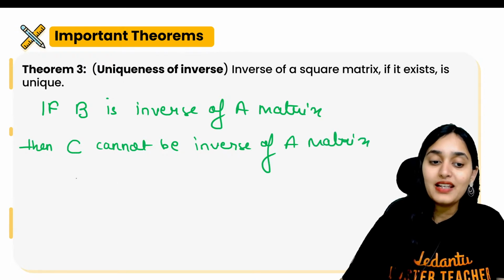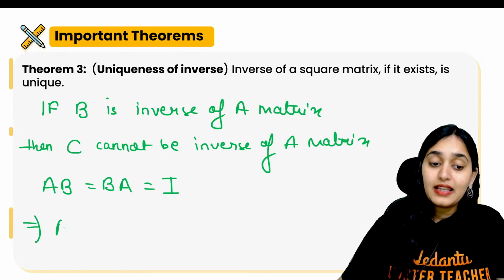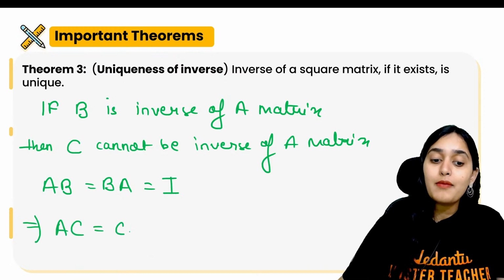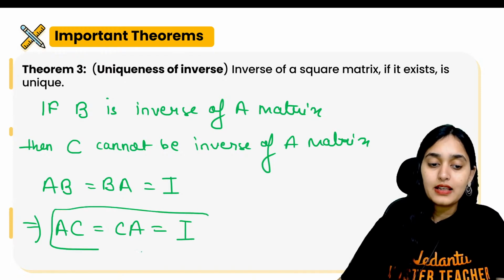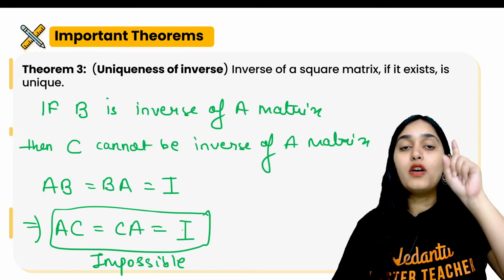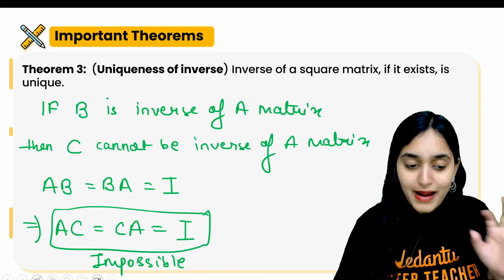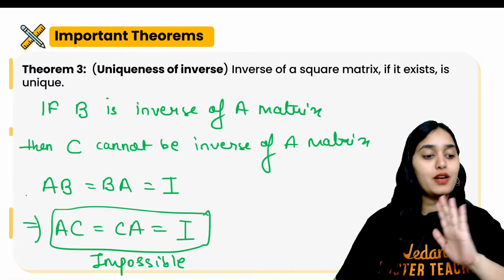What does that mean? If A into B is equal to B into A is equal to I, this implies that there cannot be another matrix giving I. This is impossible. So there exists only one inverse of every matrix. No matrix can have more than one inverse.